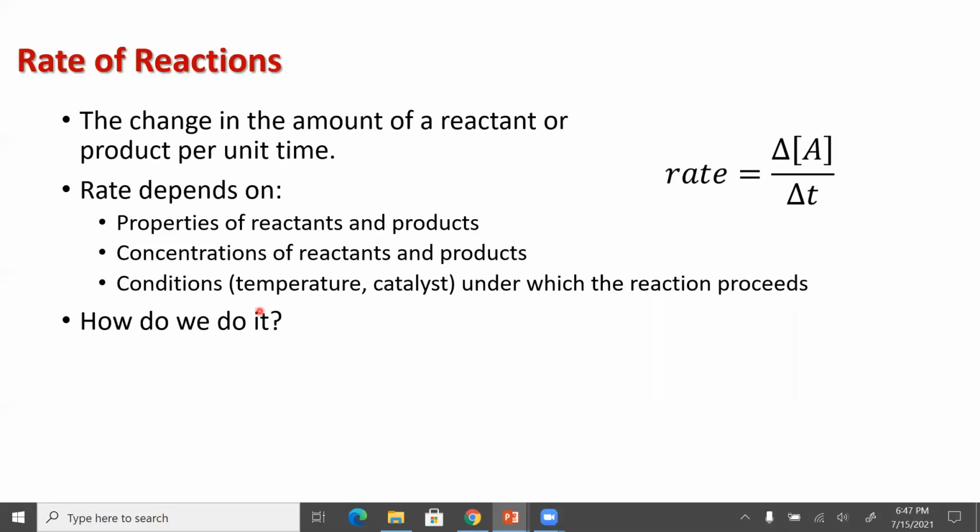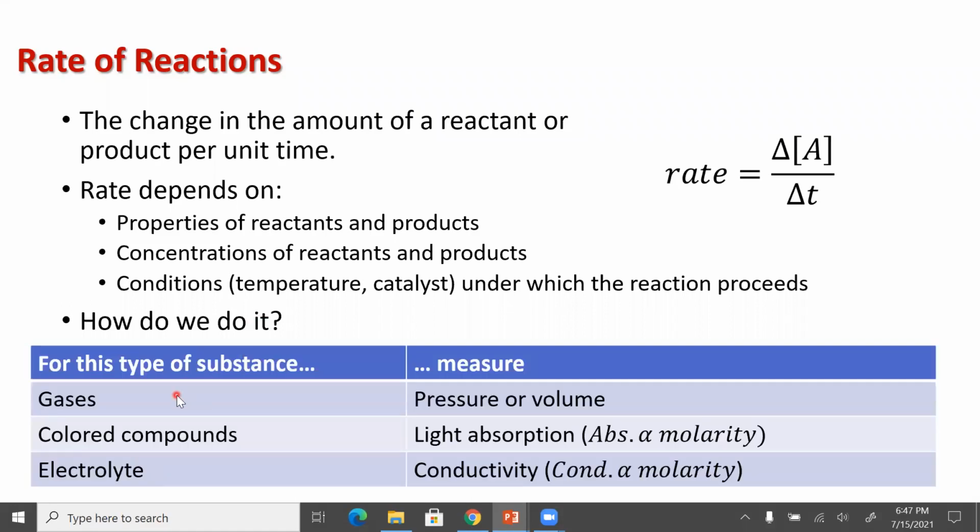Well, there's different ways that we can measure rates depending on what it is that we're studying. Okay, if we're talking about gases, what we could do is we could measure how the pressure changes over time, or how much the volume changes over time.